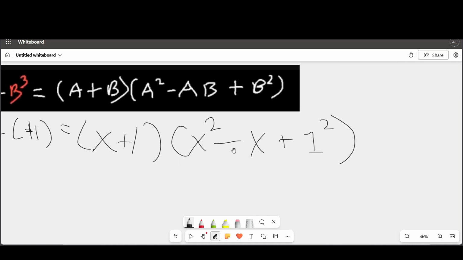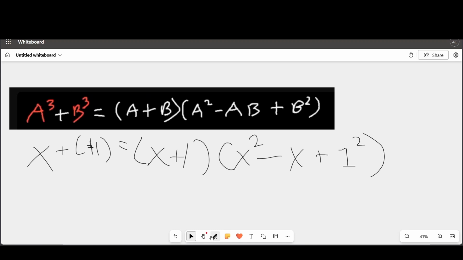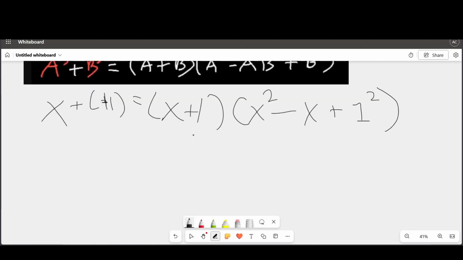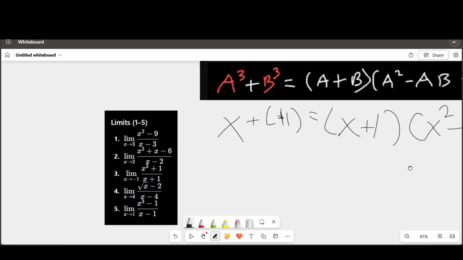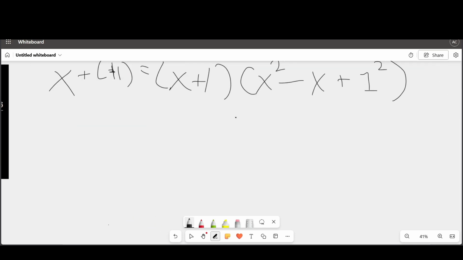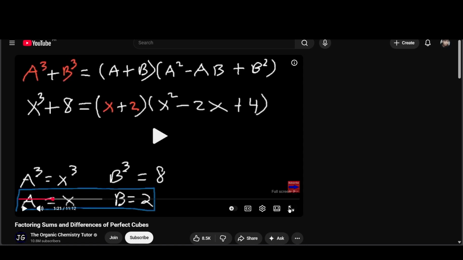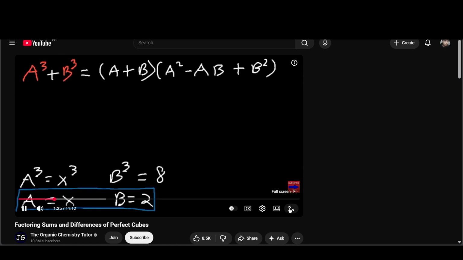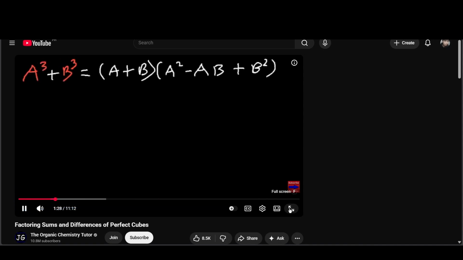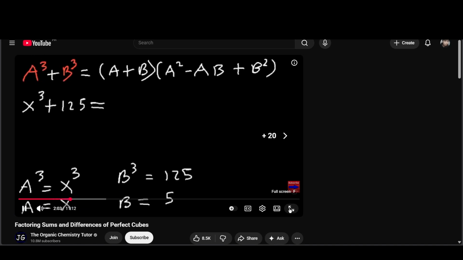So I think we're going to see that now. This particular expression. But let's go ahead and try another example. Let's say we want to factor the expression x cubed plus 125.